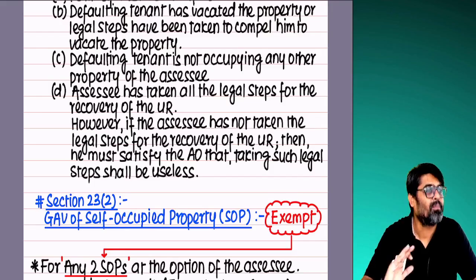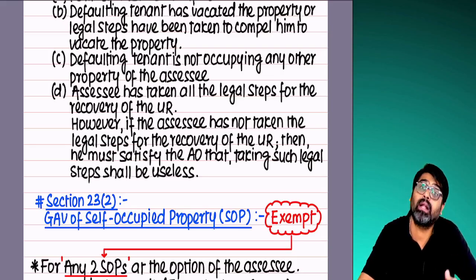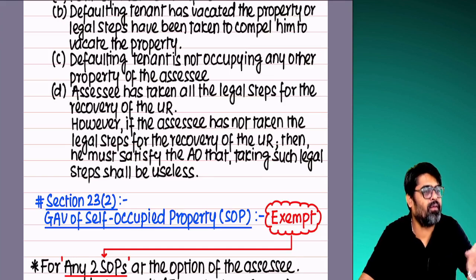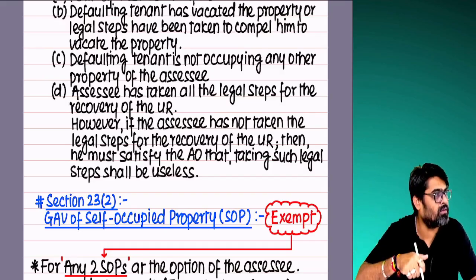But sometimes it is not possible to take legal steps to recover the unrealized rent. How come, sir? That defaulting tenant has died. What legal steps should I take now? Even if I file a case, is he going to come from upwards to pay the rent?